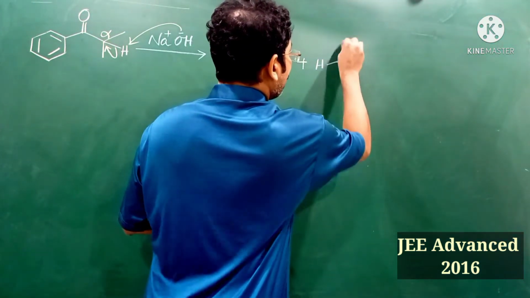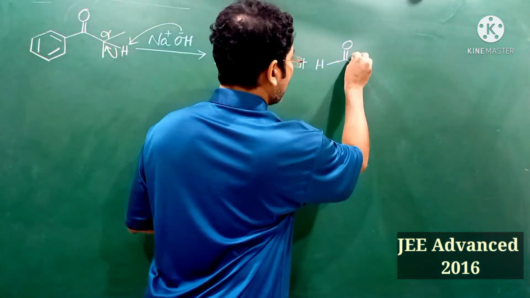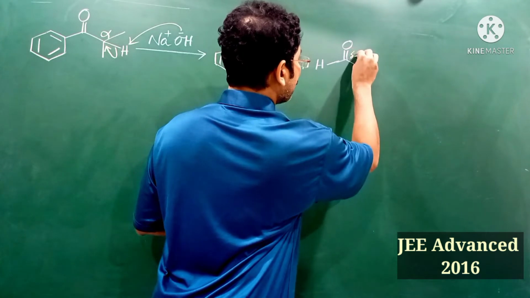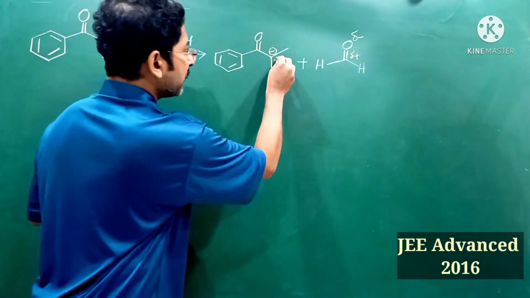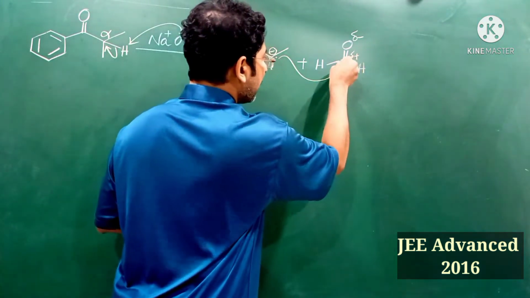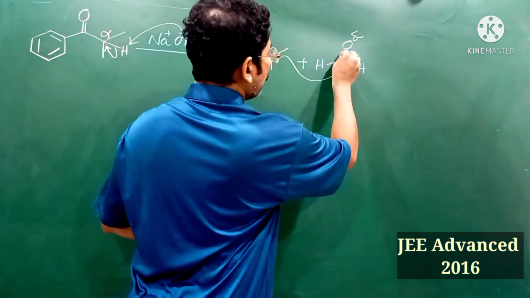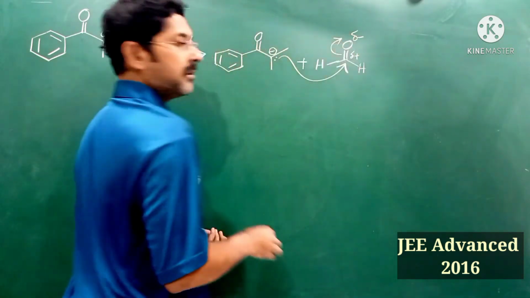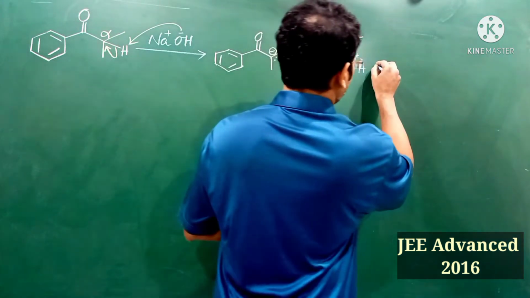This one is our formaldehyde, and obviously the formaldehyde carbon is electrophilic. This one is delta positive and this one is delta negative. So this lone pair will attack this carbon and this pi bond will open up. And what will happen? We get this one.